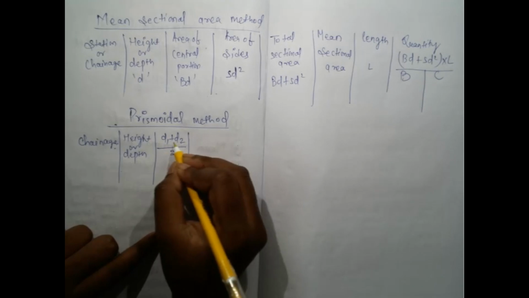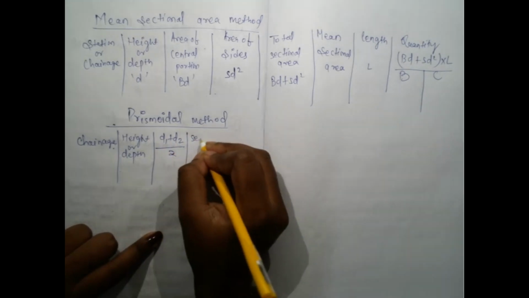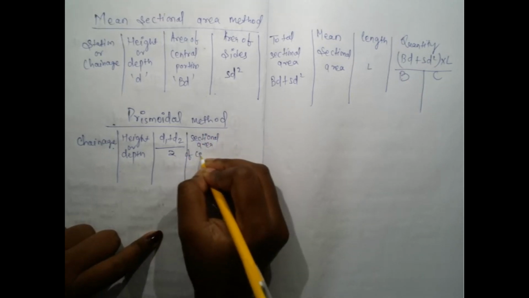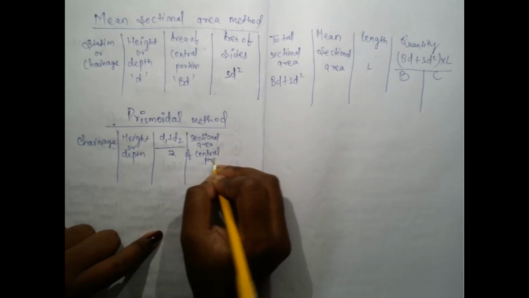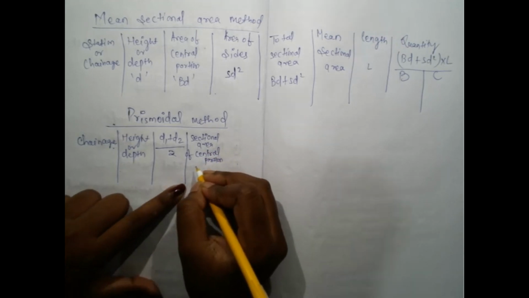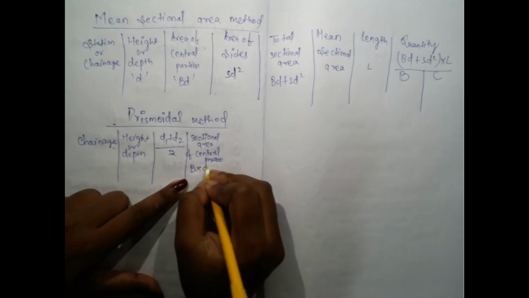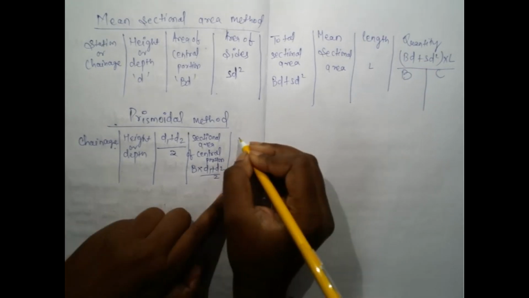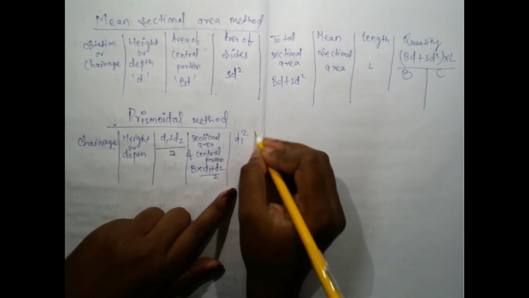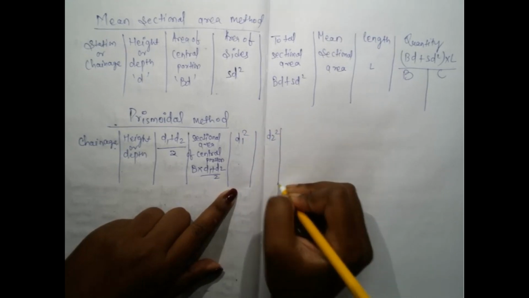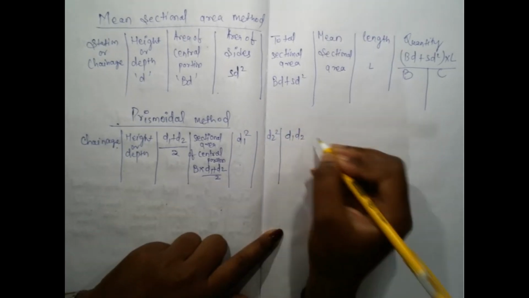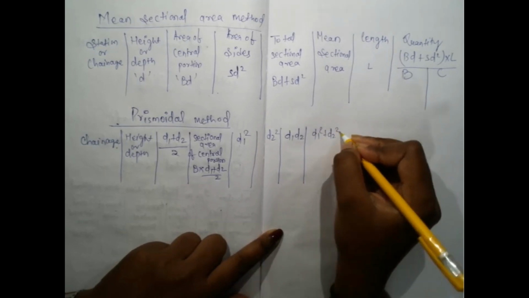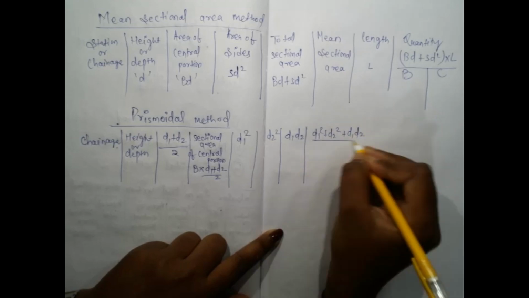Then another one is the sectional area of central portion, and the formula is B into D1 plus D2 by 2. Okay. Then D1 square, then D2 square, then D1 into D2, then D1 square plus D2 square plus D1 D2 by 3.